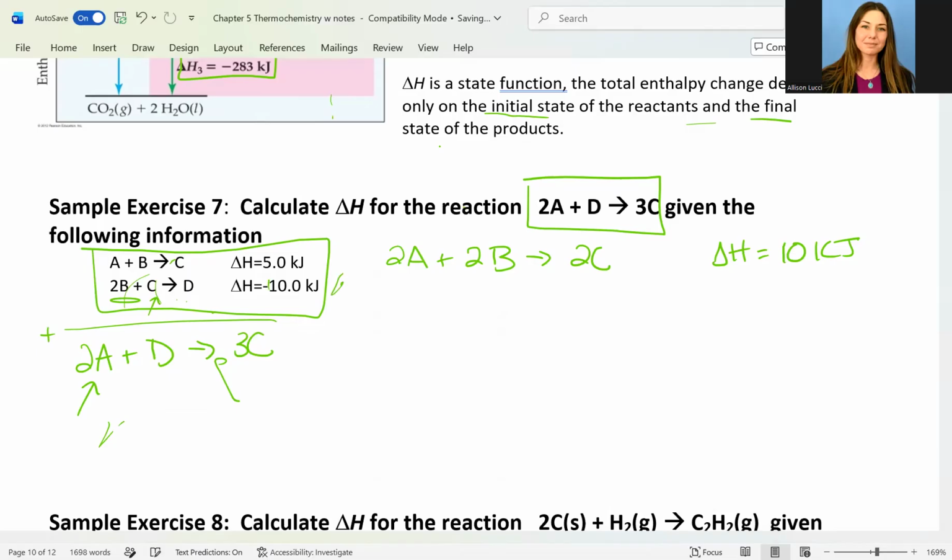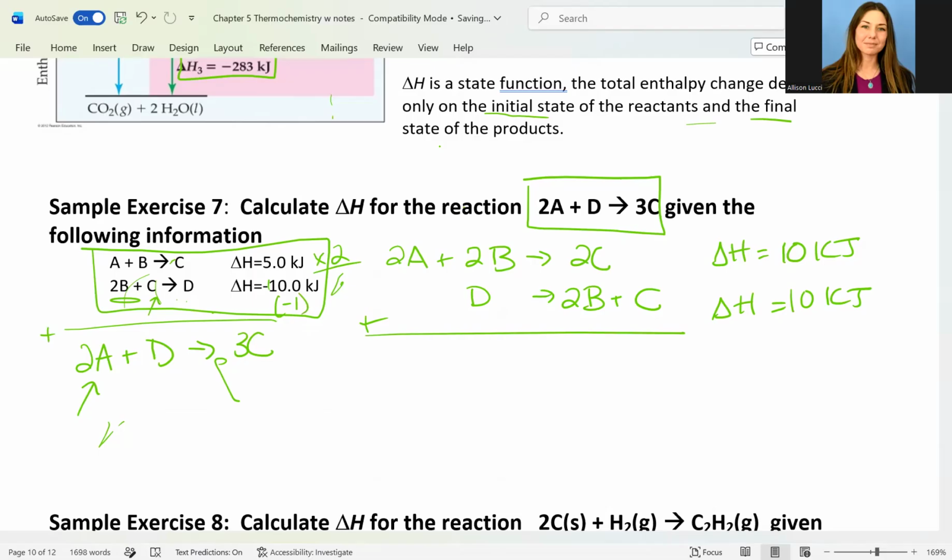And what happens when I do that is I'm going to have D will yield 2B plus C. So my overall reaction here, we'll get in 1 second, but we want to note that the delta H now goes from being -10 to +10 since I flipped this reaction. So the first equation I manipulated by multiplying by 2. So I multiplied my delta H by 2, but this one I'm flipping, so it's like I'm multiplying by -1.